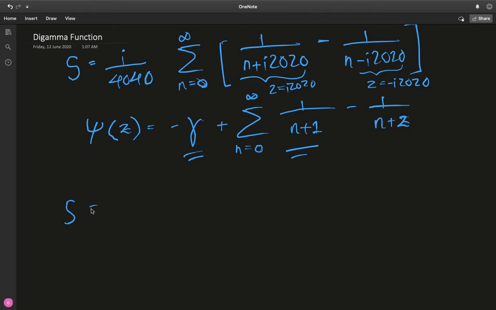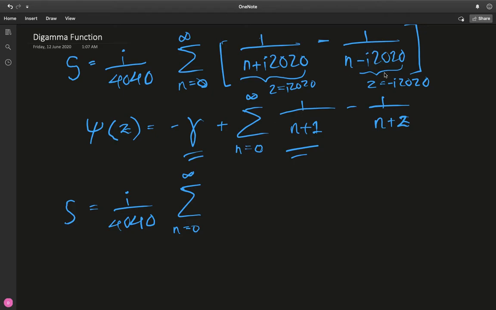So we now have the sum is basically equal to 1 over 40 times the sum from n equals 0 to infinity of, well, we can actually start adding these Euler-Mascheronis and then subtracting them now one by one.